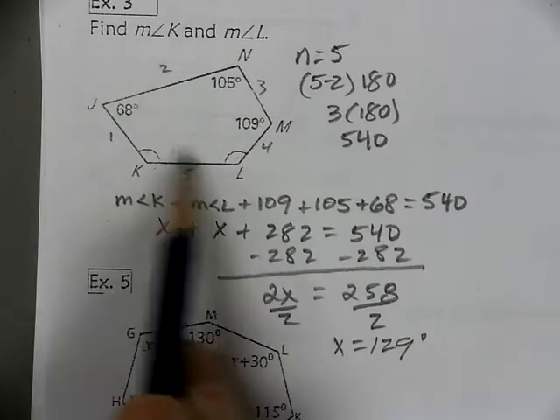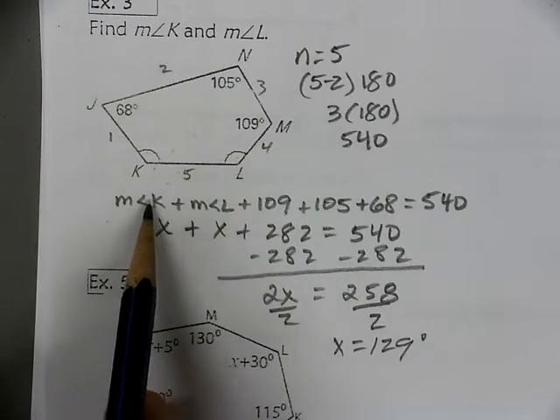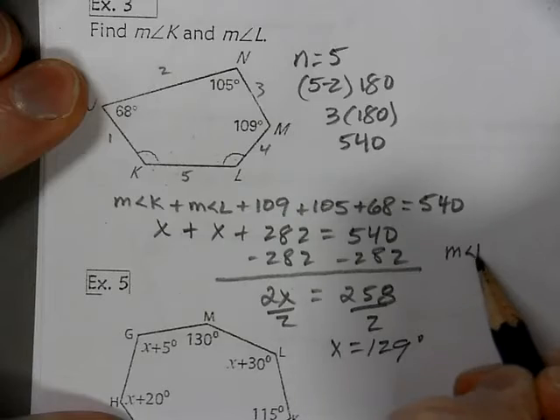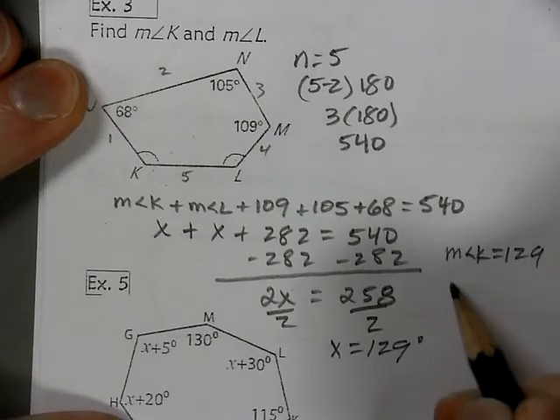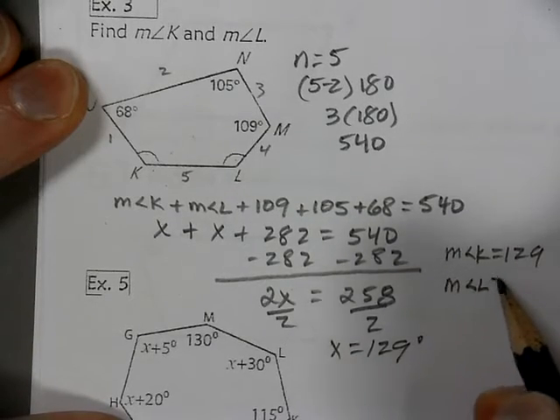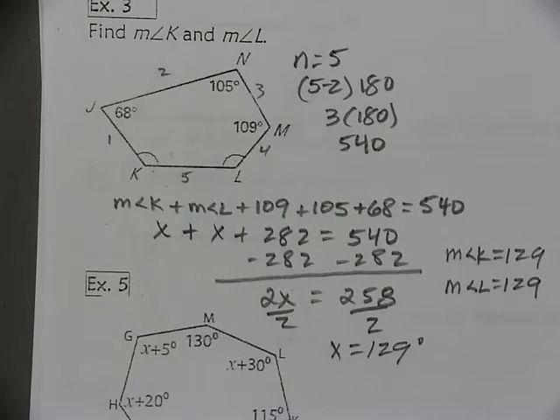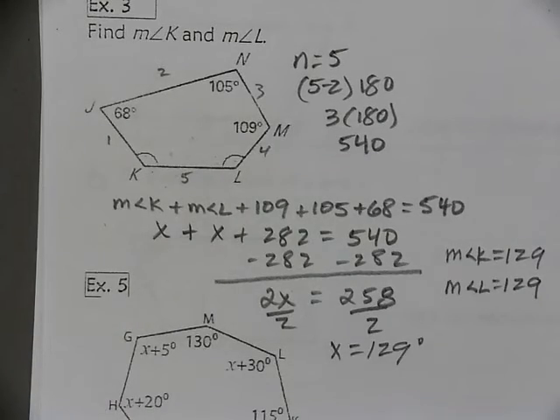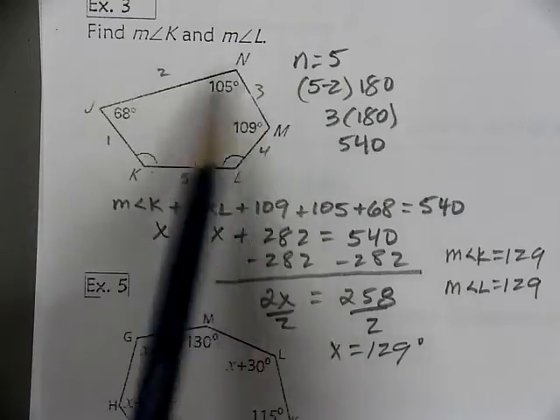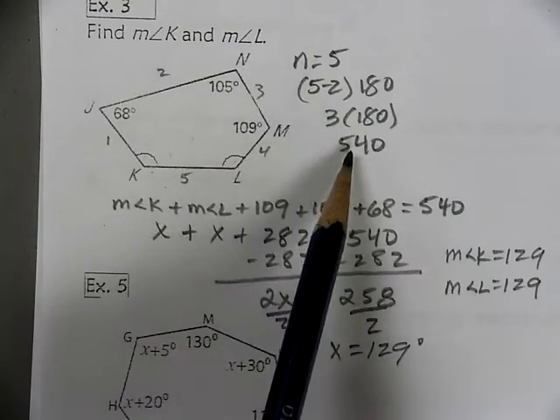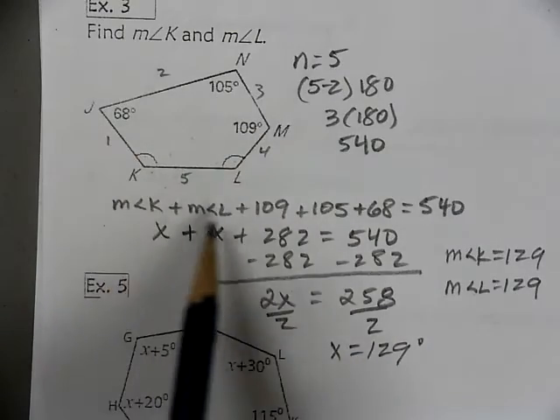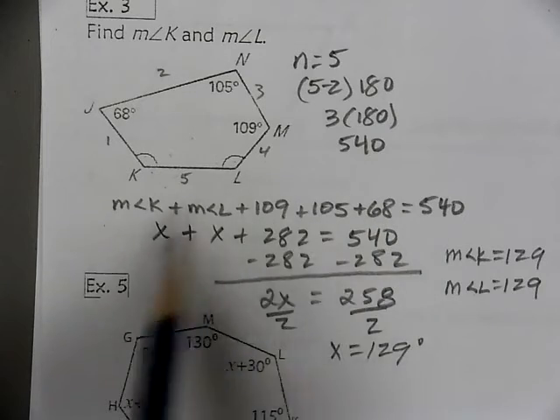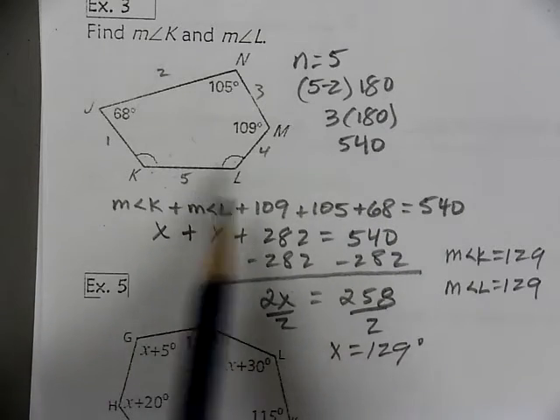So each of these angles up here, the measure of angle K equals 129, and the measure of angle L equals 129. So what we did was look at the sum of the interior, which was 540, then we broke down all those different angles, collected our like terms, and found out what we were missing.